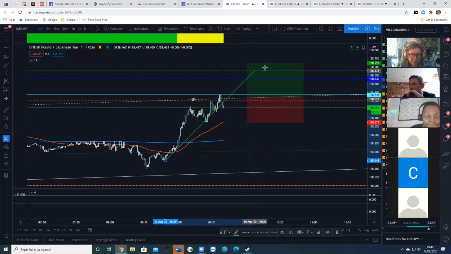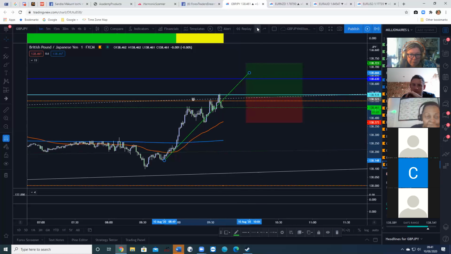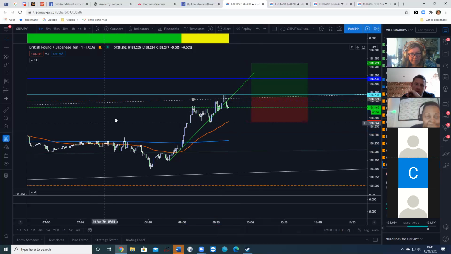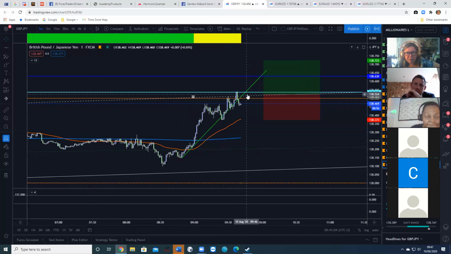We could move it out to there. 1, 2, 3, 4 doesn't give us quite so many. So anyway, we're not interested in that till it sets that alert off again. So that's GJ.